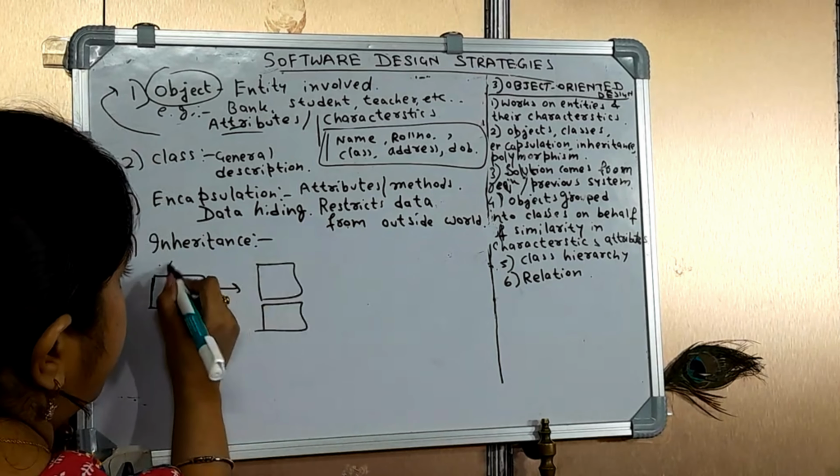Suppose this is A, and these are B, C. They can inherit the data. Maybe this can inherit the data from A, B or C. This means it can take the data and reuse that data, as well as use it as global data also.